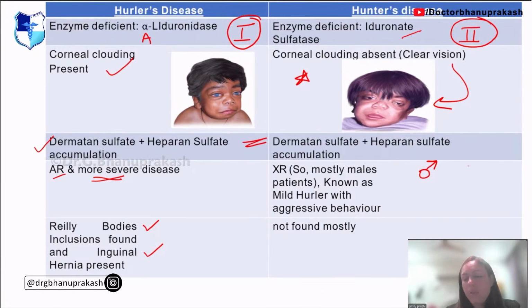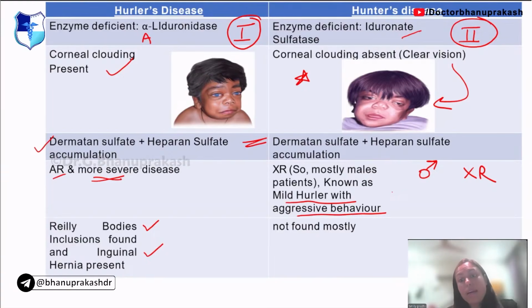Male person for hunting, so X-linked recessive, and because they are hunters, they have clear vision, so no corneal clouding. And this is known as mild Hurler with aggressive behavior. Hurler was more severe. Hunter is mild with aggressive behavior. And Reilly bodies and inguinal hernias are usually not found.